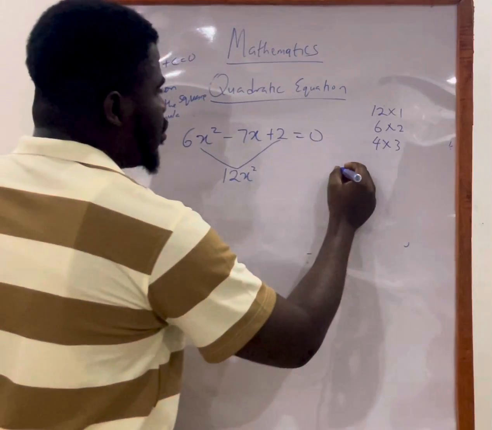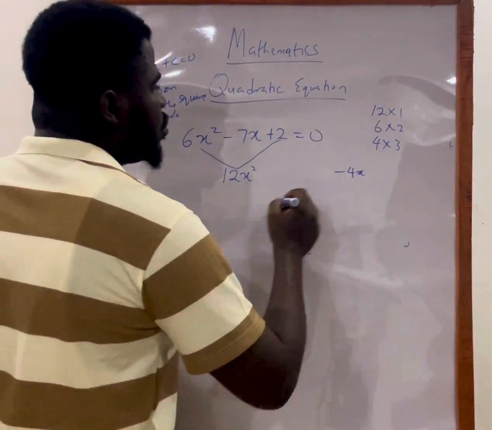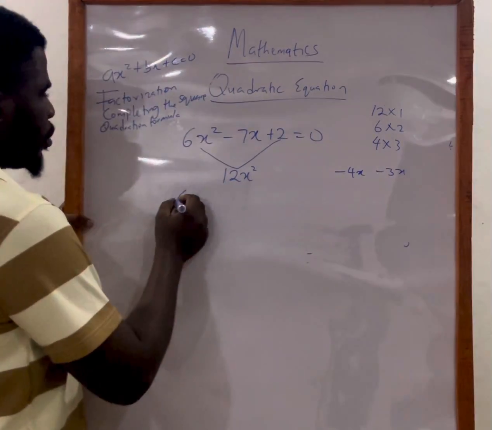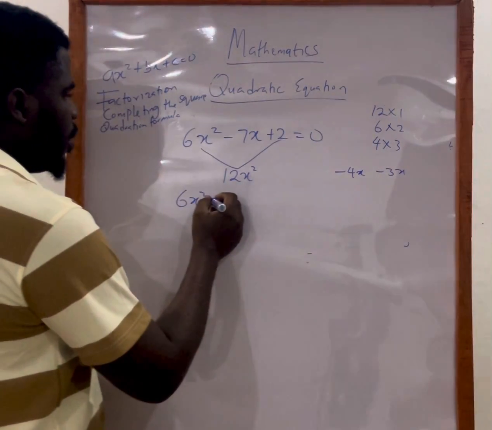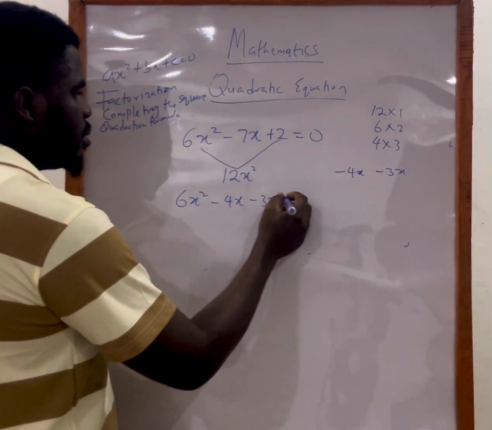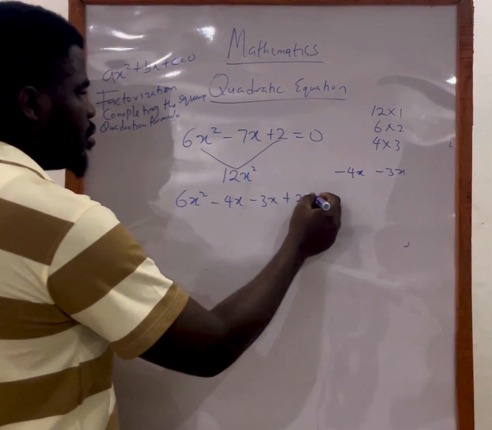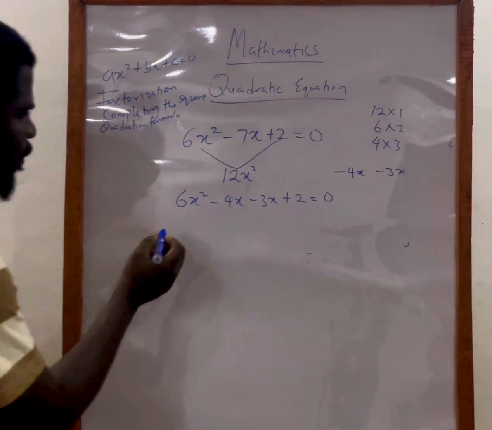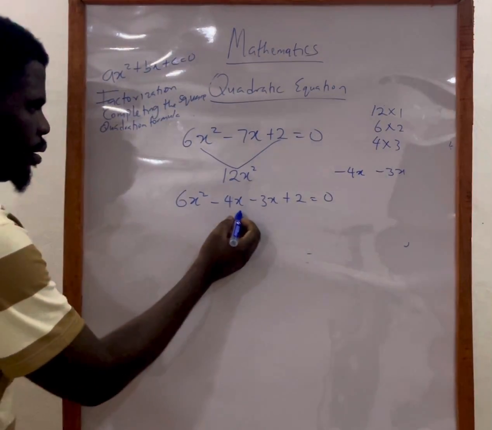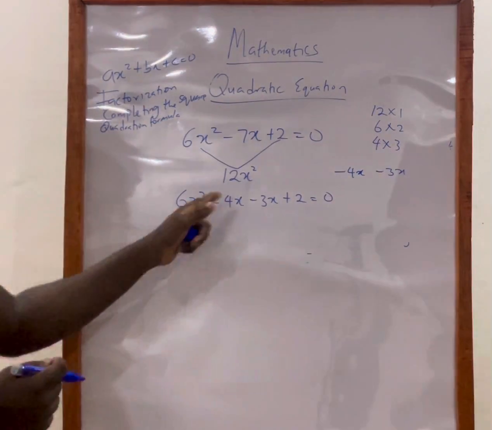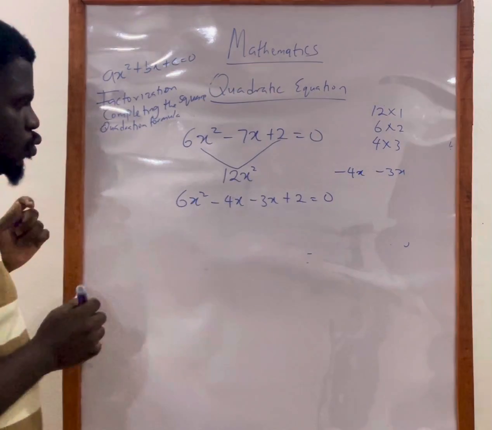So these are the factors, minus 4x and minus 3x. So we have 6x squared minus 4x minus 3x plus 2 is equal to 0. Now, if you look at this here, apart from x being common to both of them, they are also divisible by 2.